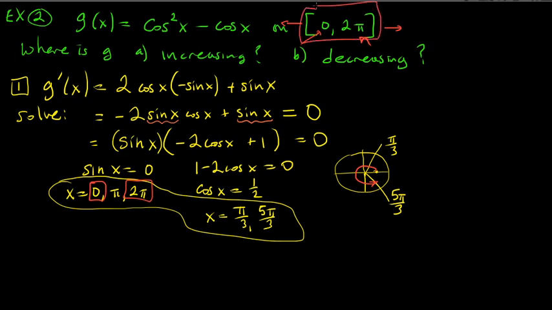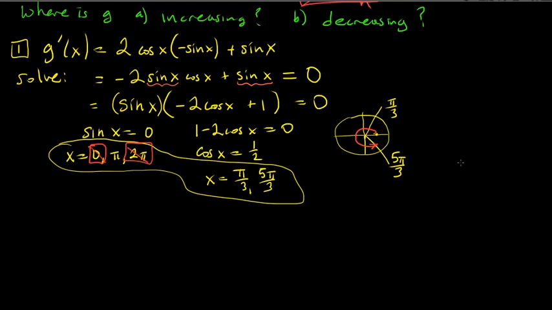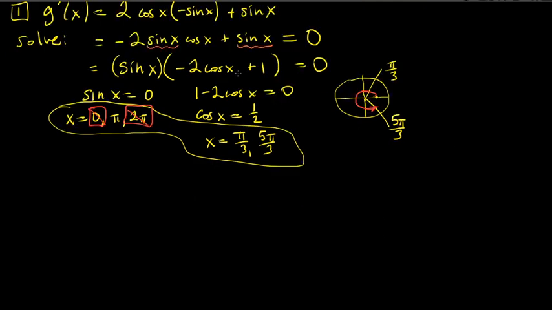We're only looking between 0 and 2 pi. So effectively, we can ignore the 0 and the 2 pi because those are the endpoints. It's not going to change from increasing to decreasing at the endpoint. It's the furthest left we can go, the furthest right. They're the barriers. So for step 2, we'll draw the number line here.